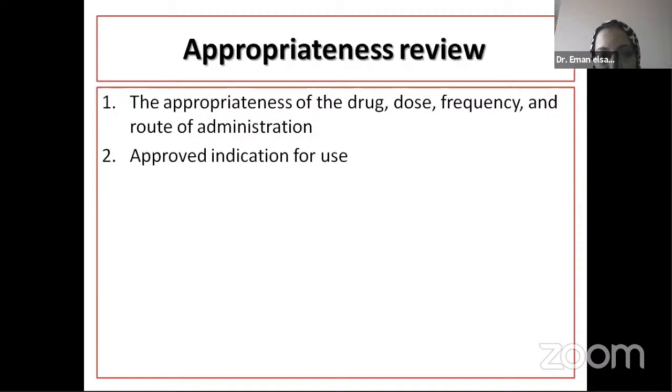So we will check the indication for use. After that, we will check if there is any therapeutic duplication. This means that, for example, enoxaparin and heparin are written in the same medication order, so they are both anticoagulants. Is this right to be written at the same time or not?